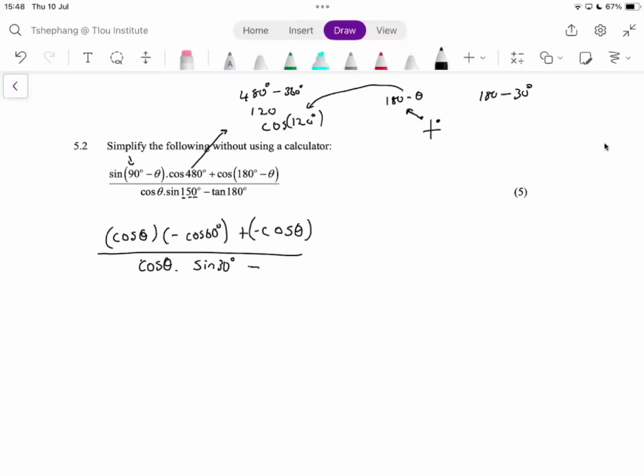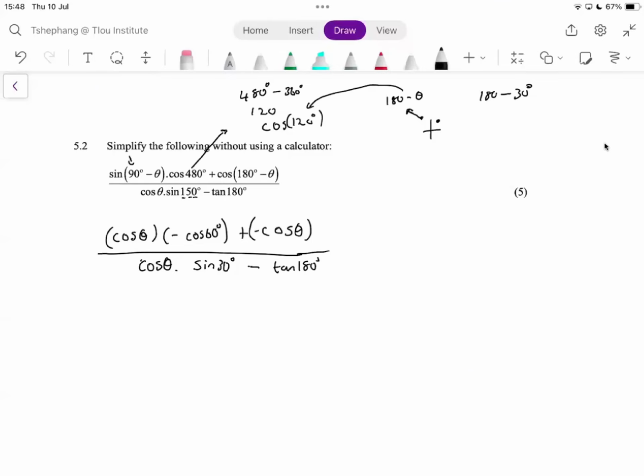Then minus tan of 180 degrees. Cannot do anything there for the 180 for now. When you're dealing with these kinds of calculations, you want to reduce these to special angles so that you can substitute, because we do know the values for special angles.